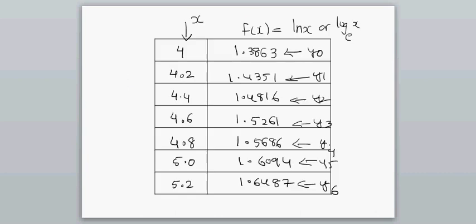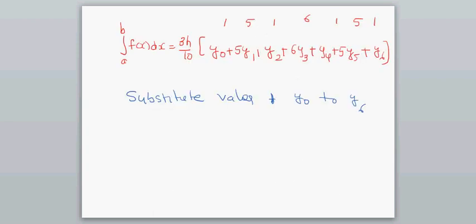So these are the values from y0 to y6. Substitute these values in this formula and simplify. On simplification, you'll get the value as 1.8279.